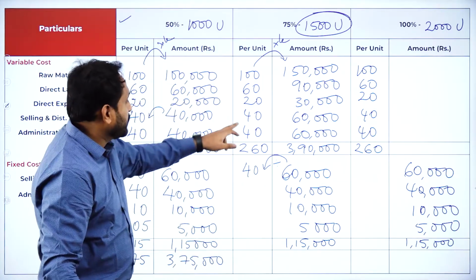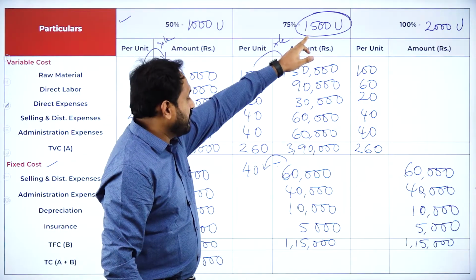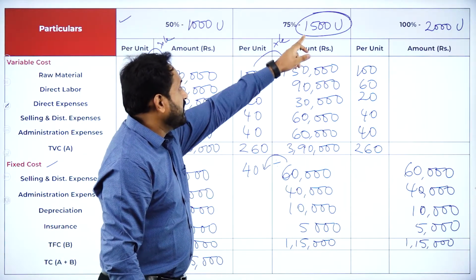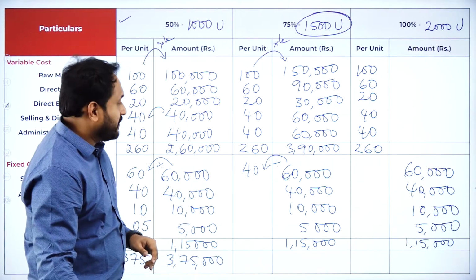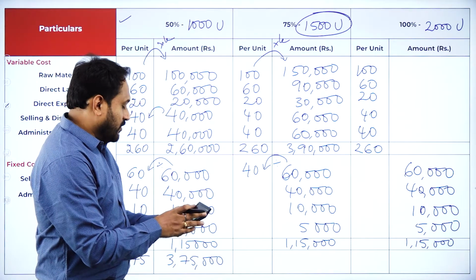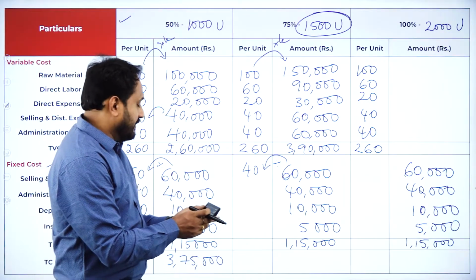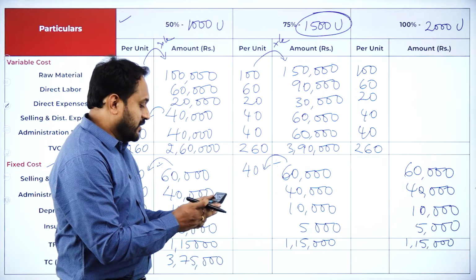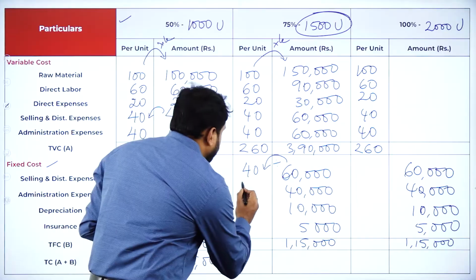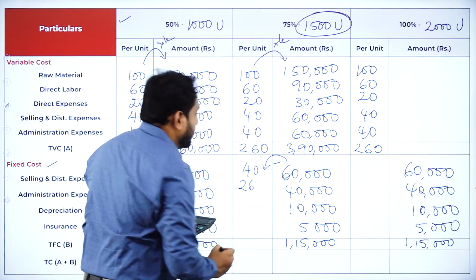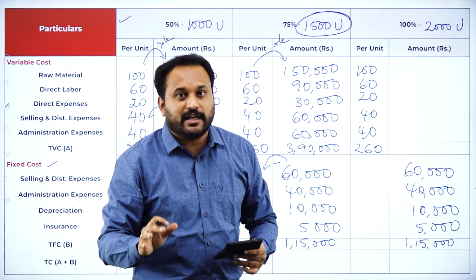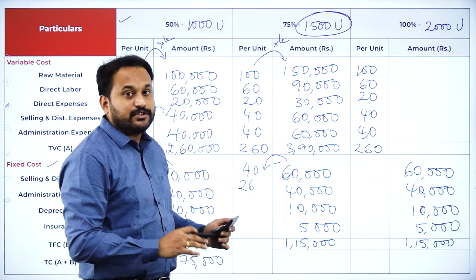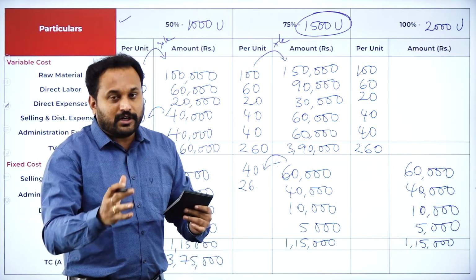The reason I'll tell you, 40 into 150 is 60. So 60 divided by 150 is also like 40. You got the same kind of a thing. Now 40,000 divided by 1,500 is equal to, now here please be very clear, 26.66666 is what you people will actually get. But what you are supposed to do is, please don't take a round off.